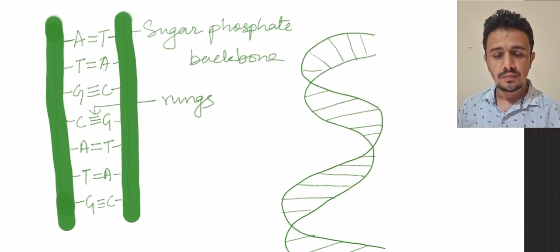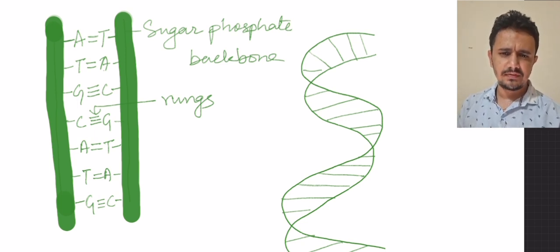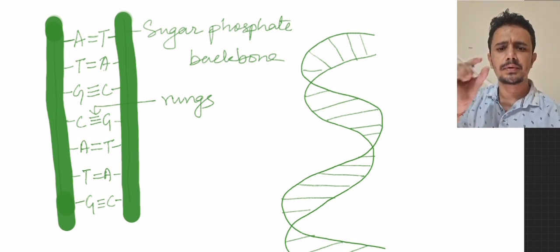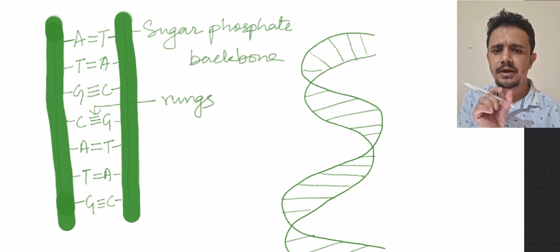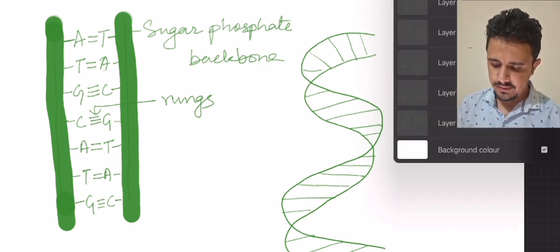Okay, so with this we come to the end of the structure of DNA. Just to quickly give you a brief idea of how one particular nucleotide pairs with another nucleotide, let's have a look at that and we close this session. Okay, so now this is my phosphate group here, and let me draw one sugar group here.